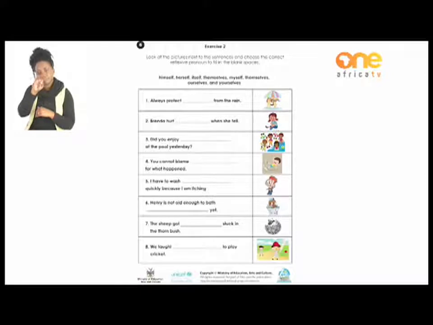Now you are going to look at the pictures and you are going to determine which reflexive pronoun will fit in the blank space. I'll do one example for you. Always protect yourselves from the rain. Always protect yourself from the rain. That is number 1. Moving on to page 7.